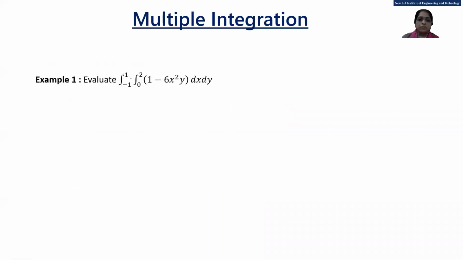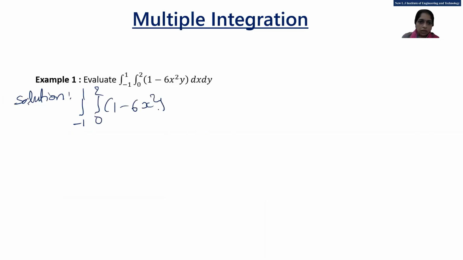See, evaluate the integration from -1 to 1, 0 to 2, of 1 minus 6x square y dx dy. Okay, so let's start the solution. Here, all four limits are constant, right?